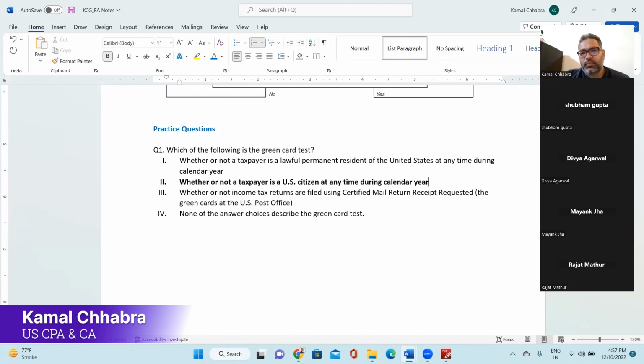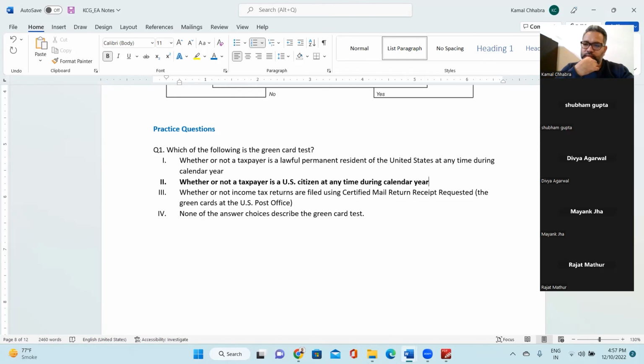The substantial presence test. So which one? First option, second option, third option, fourth option? Well, it depends if that individual is a resident or not. So as you just told about the 183 days condition, the substantial presence test.